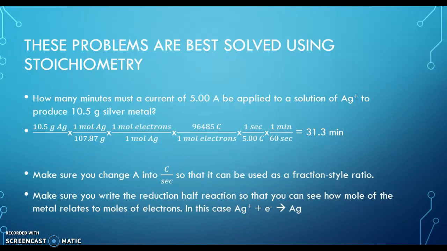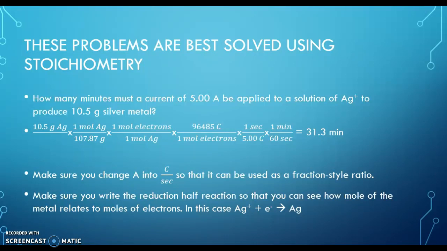And then I use the half reaction to figure out how many moles of electrons it takes to change Ag plus to Ag solid. Then I use Faraday's constant as a fraction-style ratio to relate moles of electrons to charge, and then the amps to relate the charge to the time, and then finally this time is in minutes, so I just converted from seconds to minutes as a final step.